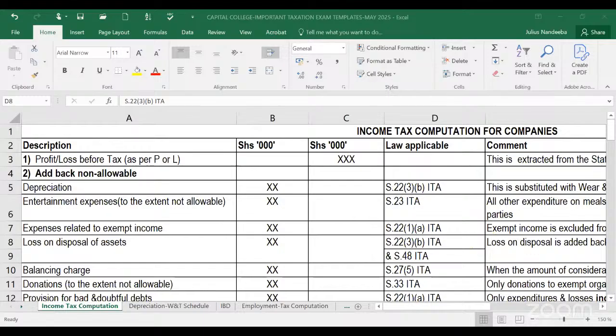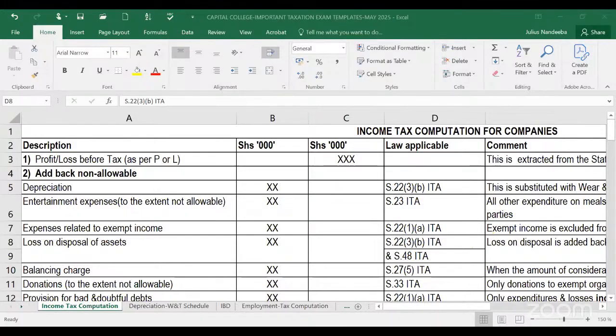Now, when you're looking at incomes, what we test is a student being able to see that the income in the statement of profit or loss is what I have told you I have recognized.